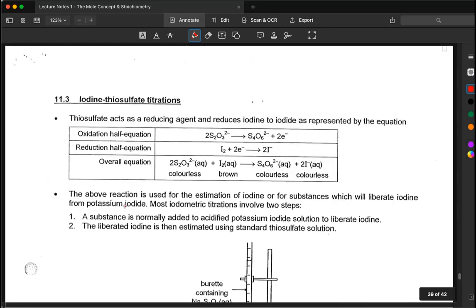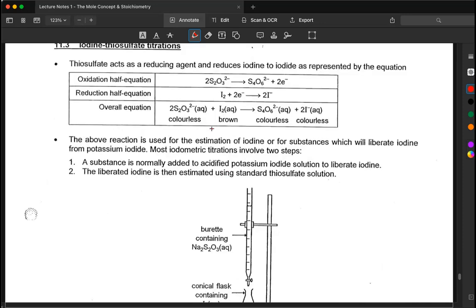Next possible titration that will come out is iodine thiosulfate, which is done at O level again. If you recall what you have done at O level, near the endpoint they will ask you to add starch.